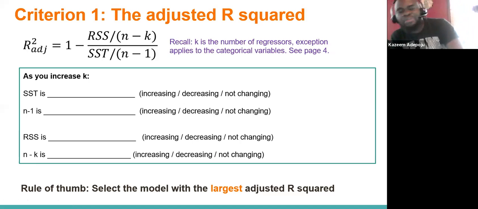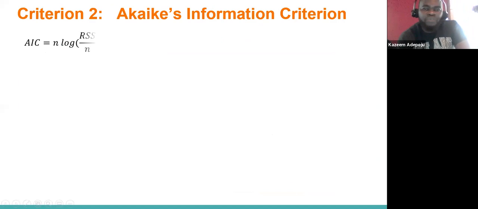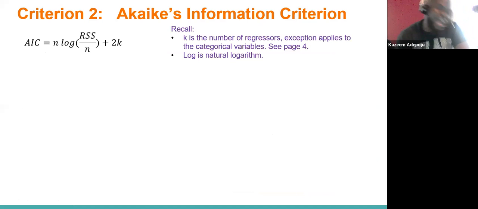That is the reason why we need to adjust for that situation, and that is the work of the adjusted R squared. But the AIC penalizes you for situations where you have so many parameters.